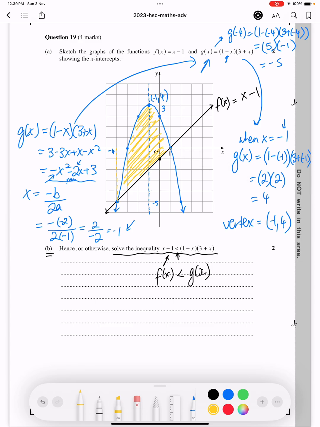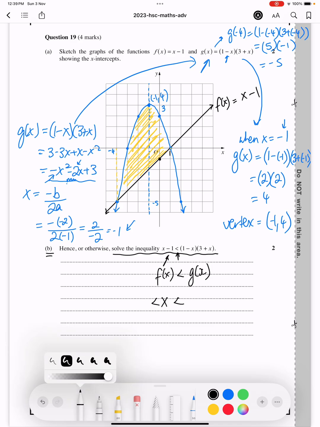So the first one is -4. So in other words, let's think about how to say this for a second. The area bound between x equals -4 and 1.